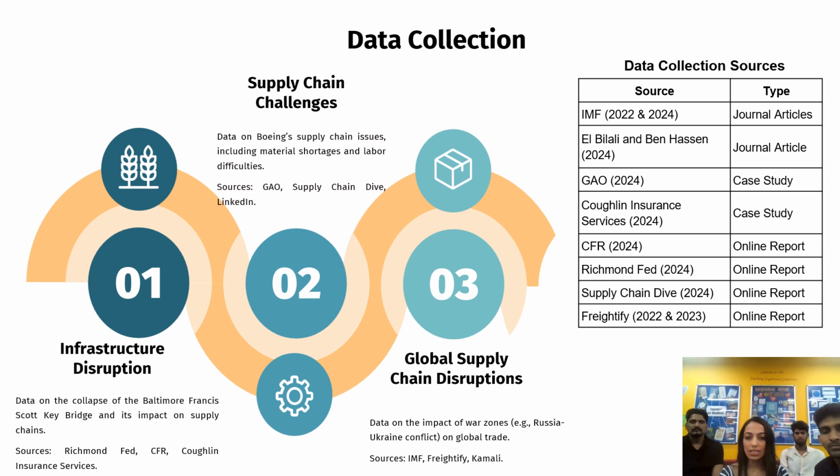Lastly, we investigated global supply chain disruptions caused by ongoing global conflicts, such as the Russia-Ukraine war. Data was gathered from the International Monetary Fund, FreightFi, and research by Kamari. This information allowed us to assess the broader impact of geopolitical tensions on global trade and supply chain stability.